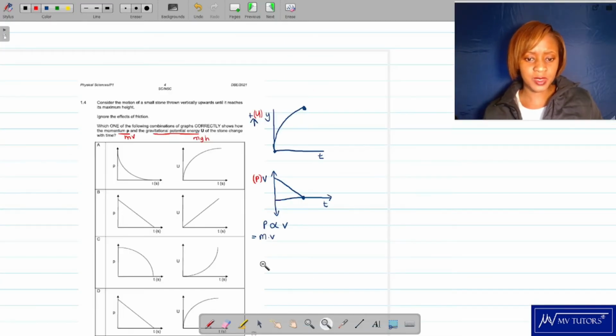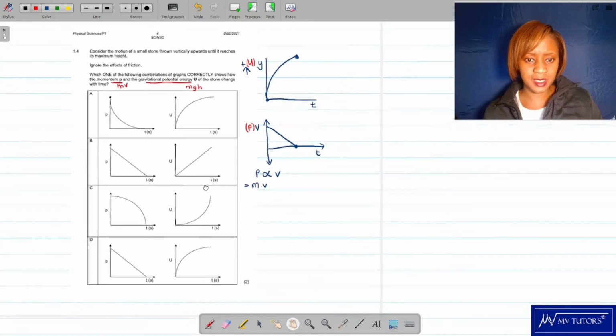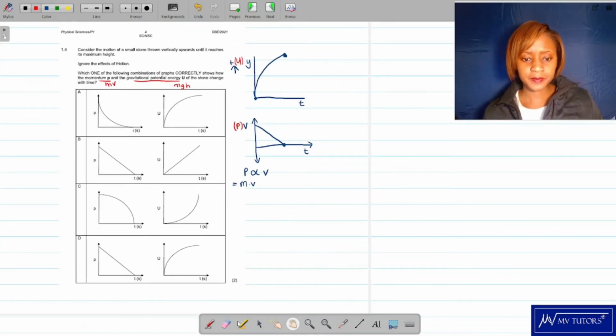I'm just going to reduce this so that we can see all the graphs at the same time. Well, this one, momentum, nope. This momentum, yes. And we also have this one, so great. But the gravitational potential energy, yes and yes. So we can see that our answer is actually D.